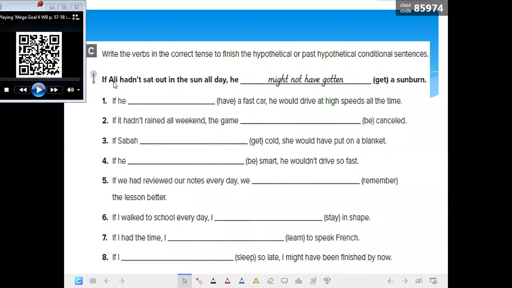There is an example: if Ali hadn't sat out in the sun all day, he might not have gotten a sunburn. Now I will show you the answers, and I want you to check your homework and replace the mistakes with the correct ones. Okay, good.